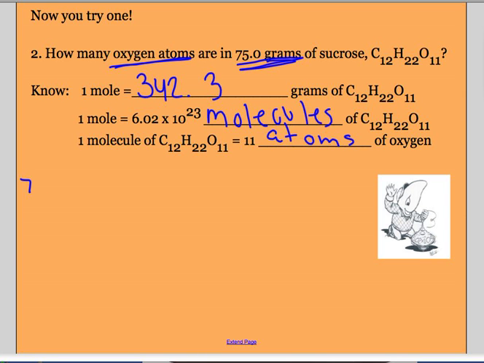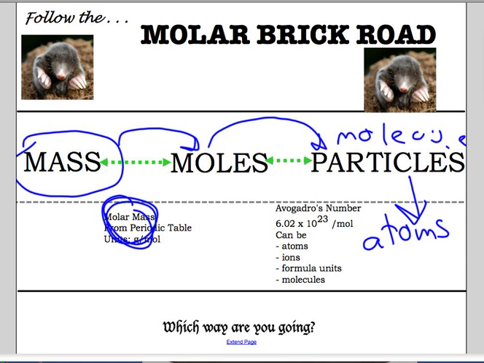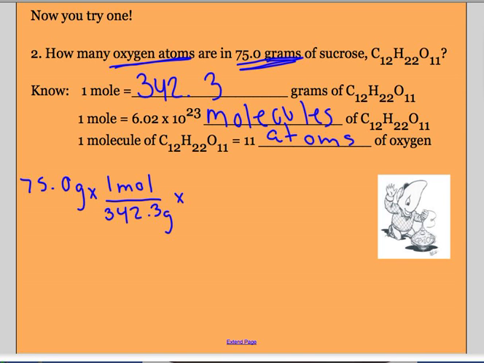We have 75 grams of glucose. First thing I need to do is go to moles, and I need to do that using my molar mass, and we know that it's 342.3 grams. Now, if you look back here, we're in moles. We need to go to particles. So next thing we're going to do is say that 1 mole is 6.02 times 10 to the 23rd.